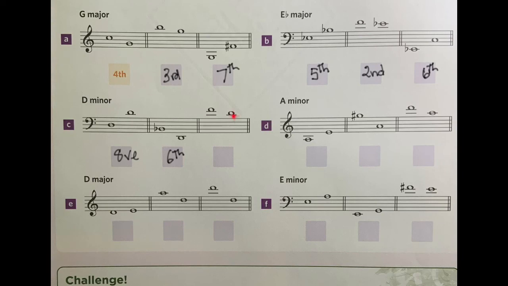And this one, we always start with a lower note. 1, space, 2 is the line, 3 is the space, so it's a 3rd. On this one, A to E, 1, the space is 2, the line is 3, the space is 4, the line is 5. It's a 5th.